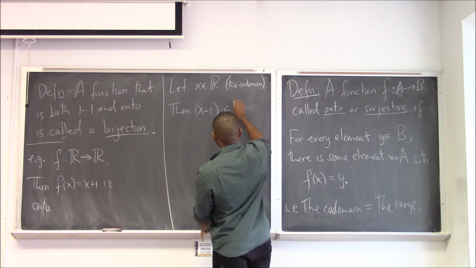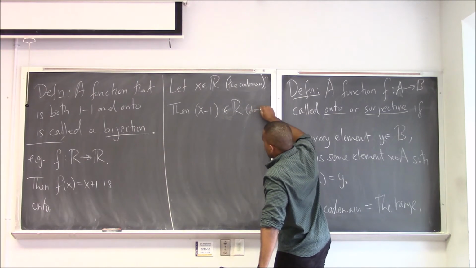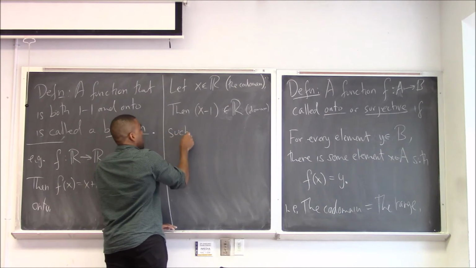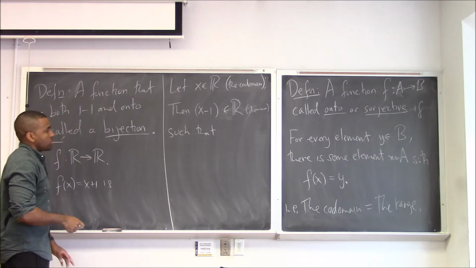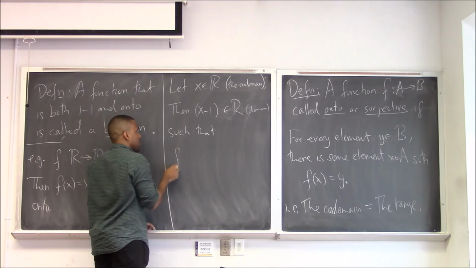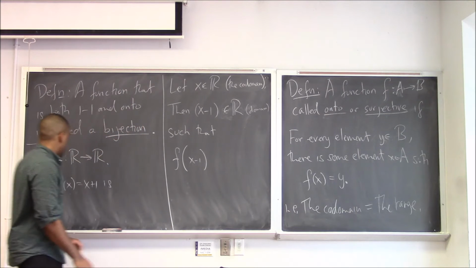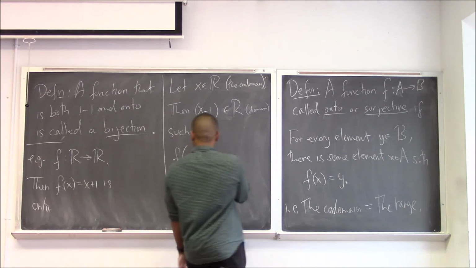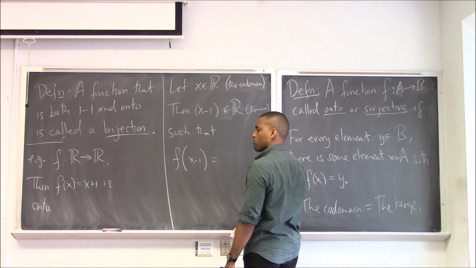And here I'm thinking of R as the domain, such that if I take f of that number and plug it into this function, if my f of x is x plus 1, what is f of x minus 1? x.